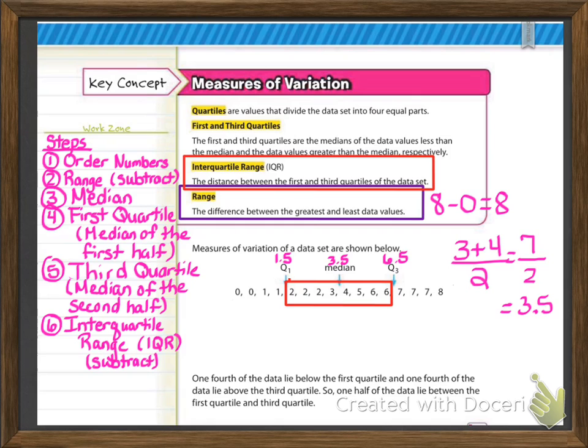The largest number that we have here is a 6, and the smallest one is right there, which is the 2. We subtract those two numbers, and we get 4. So the distance between the inner quartiles, between the largest and the smallest one, is 4.